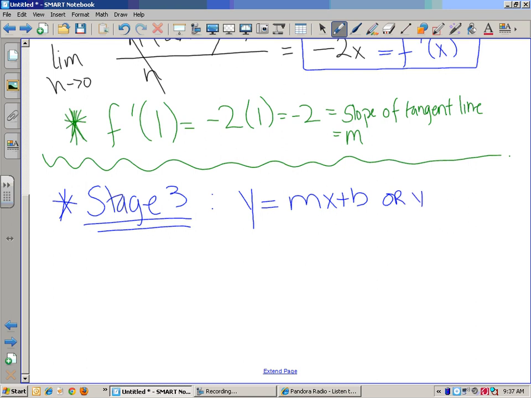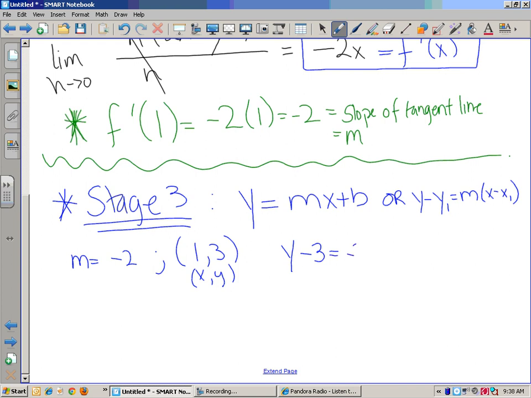I'm looking for a line that has this form. Okay, so I know this. Hello, Algebra 1. And I know 1 comma 3. And the reason I know 1 comma 3 is it was given. Okay, so now I'm just going to plug in. So y minus 3 equals m times x minus 1.